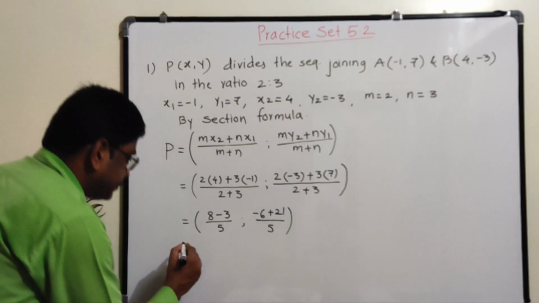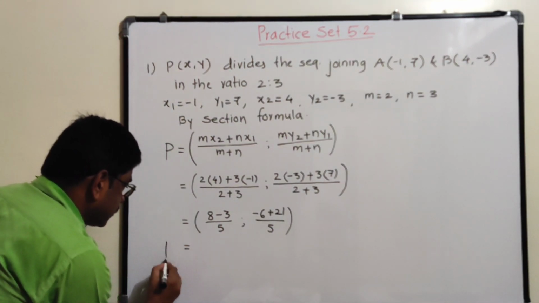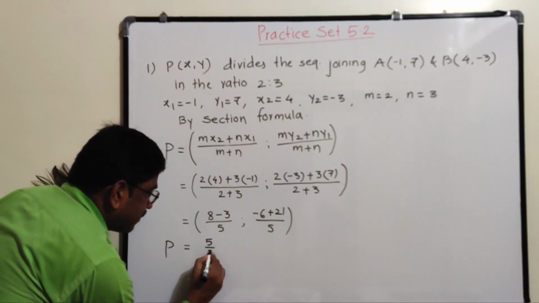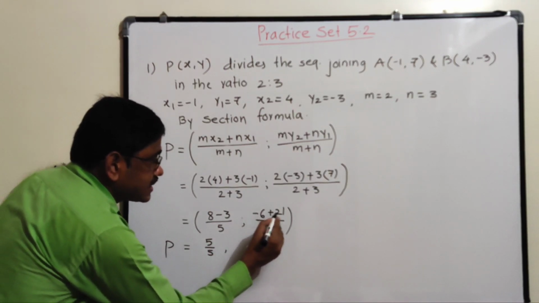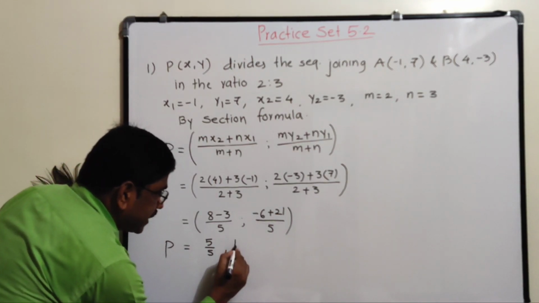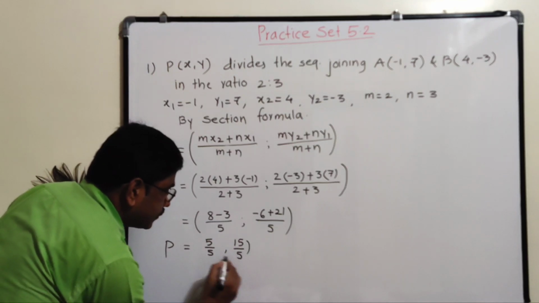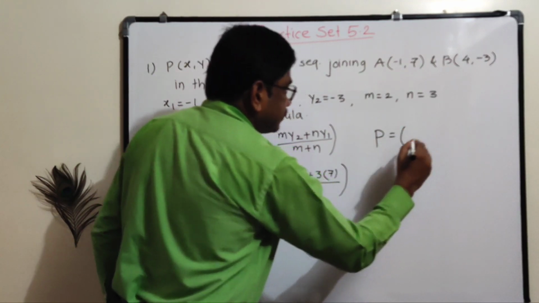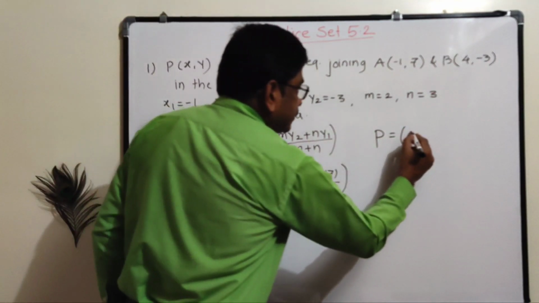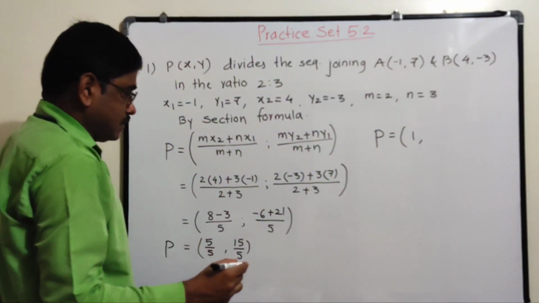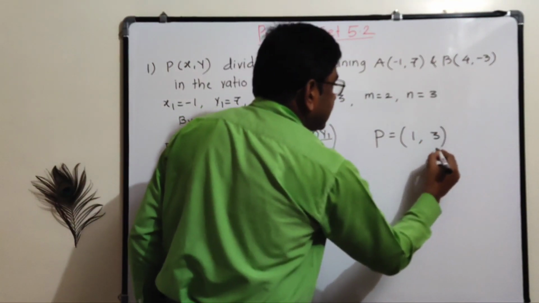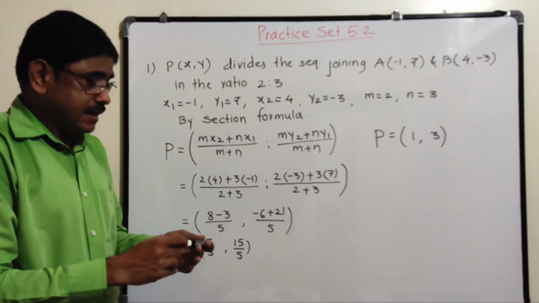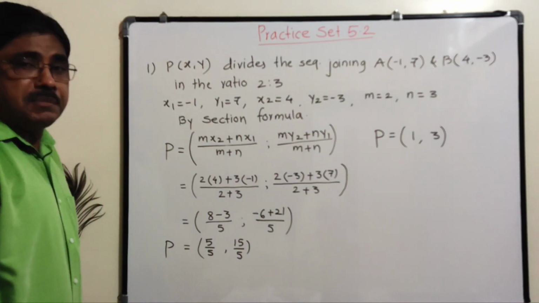So we get the coordinates of P: 8 minus 3 is 5 divided by 5, and second coordinate -6 plus 21, so we get 15 divided by 5. So the coordinates of P are (1, 3), the point P which divides the segment in the ratio m:n, means 2:3.